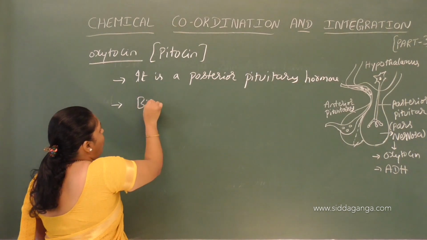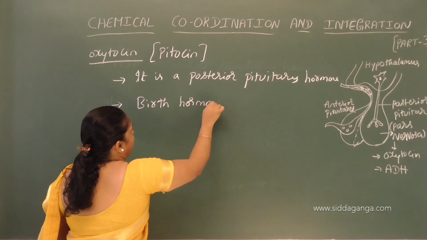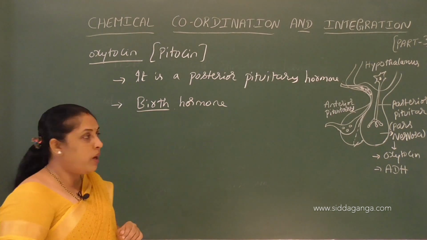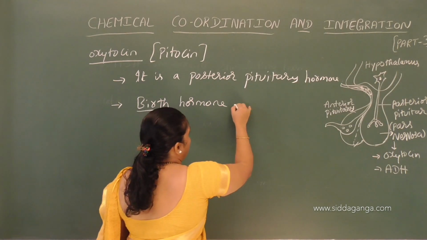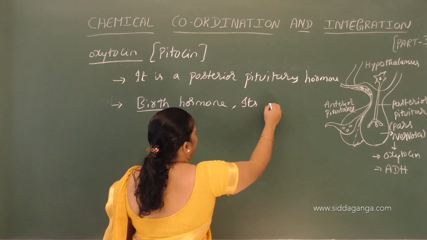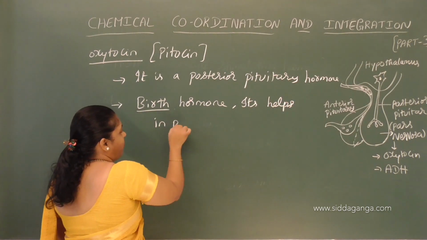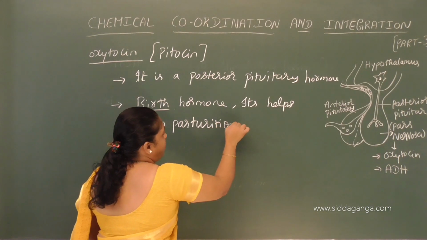Oxytocin is also called birth hormone. Why it is called birth hormone means it helps in parturition or childbirth.